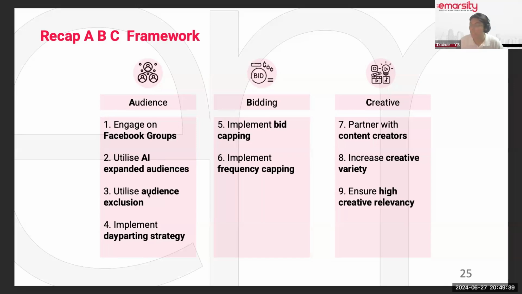The second question is around frequency capping, number 6. It's a bit technical, so I'll rephrase it a bit.